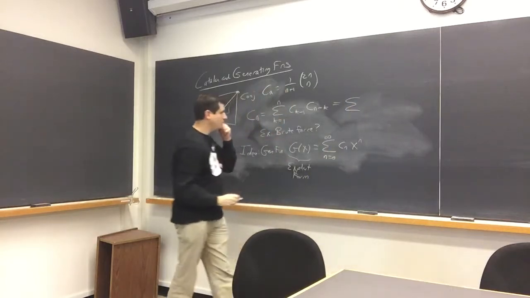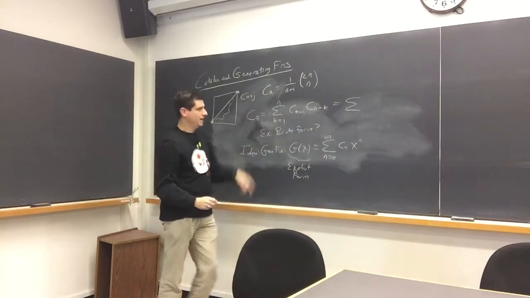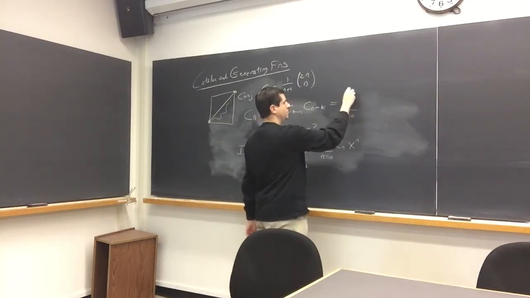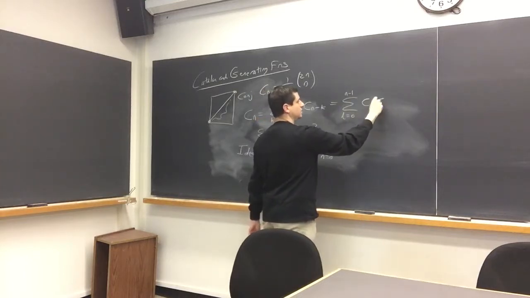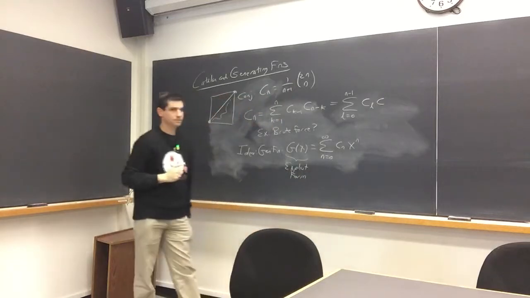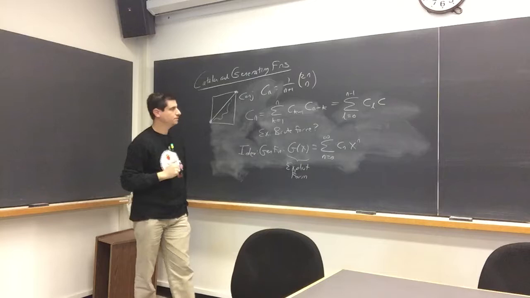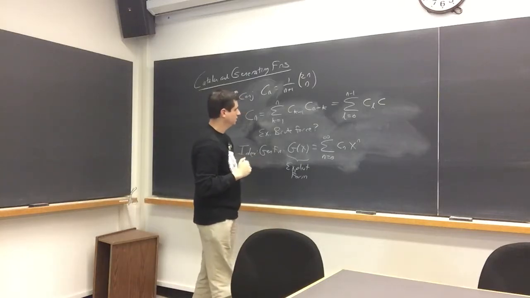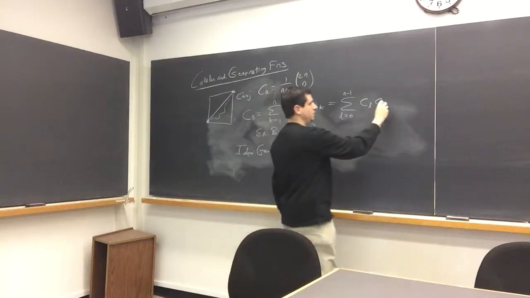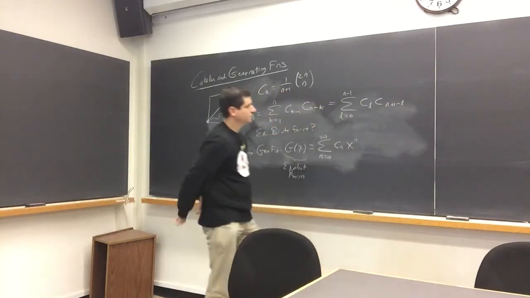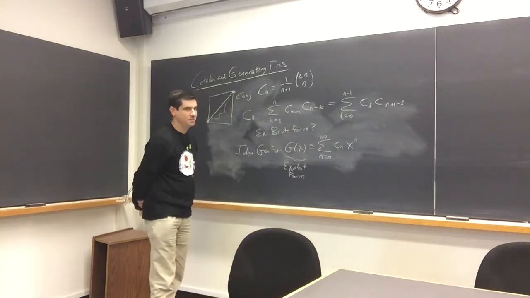So I have my sum going not from 1 to n, but let's say L goes from 0 to n minus 1, C_L, and then what would the other thing be? So it would be, you're saying it would be n minus L plus 1, so n plus 1 minus L? Or is it n minus 1?